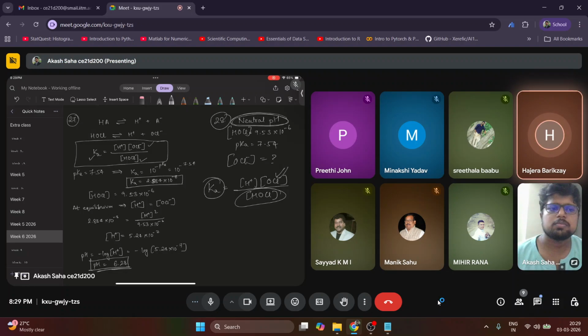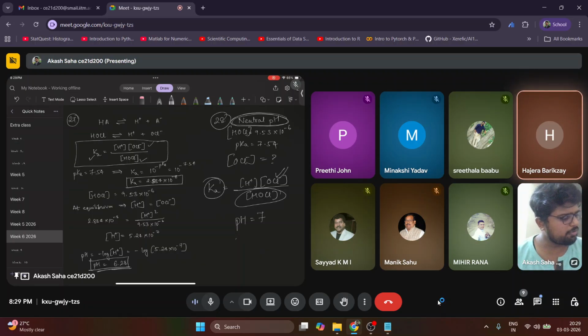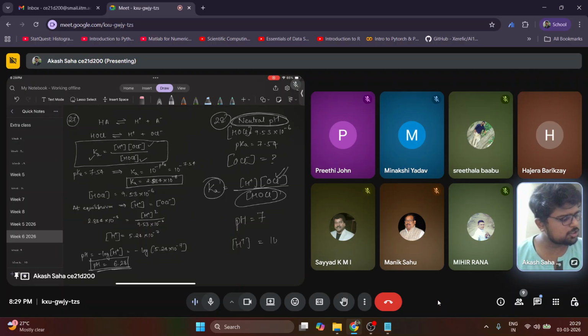Because it's neutral, what is the neutral pH? 7, right? So what will be my H plus concentration? 10 raised to the power minus pH, 10 raised to the power minus 7. Simple. So we will put this here. All these are known, and we have to find out OCl minus.